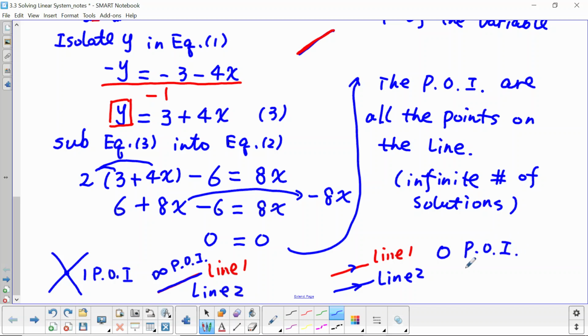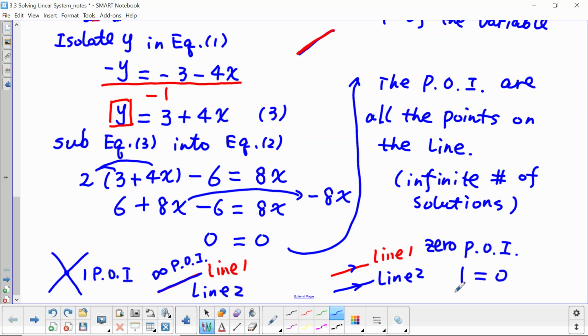And when you solve the equation, for this type of equation, you will see you have 1 equals 0. Something like this. So this one will never ever happen.